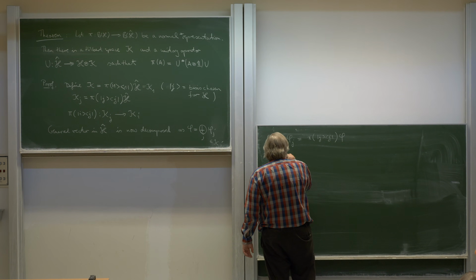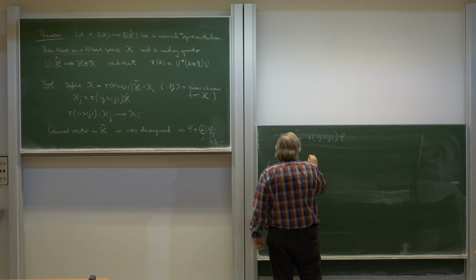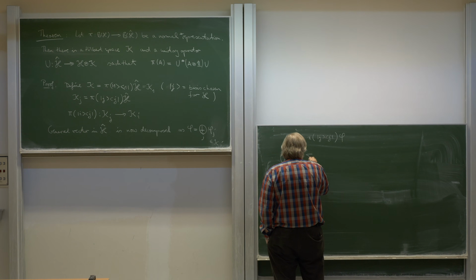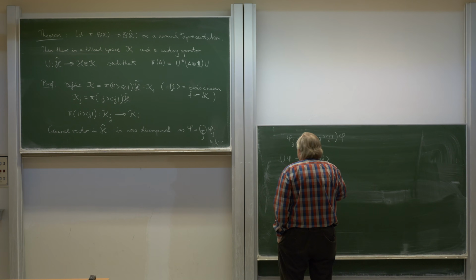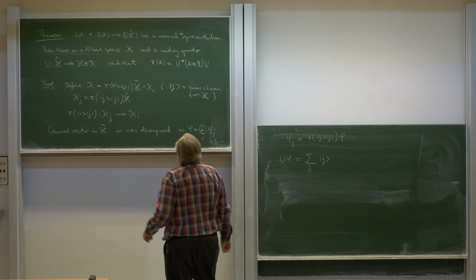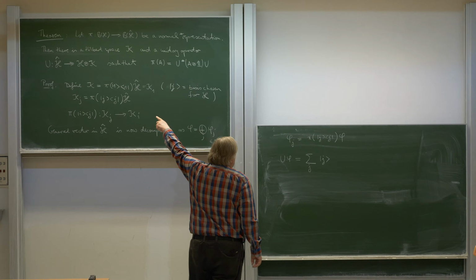So actually, U phi will be the sum over j. So this lies in the first Hilbert space. So we want to go to H tensor K, right?